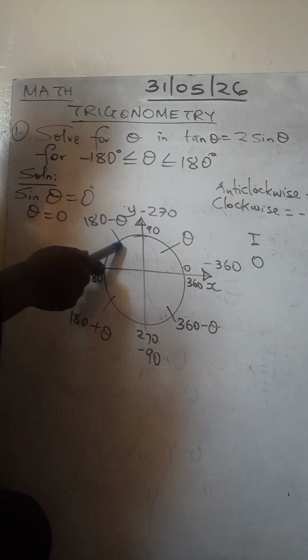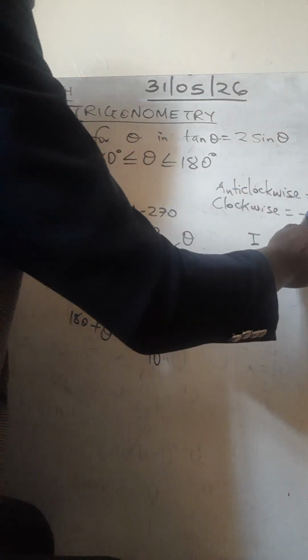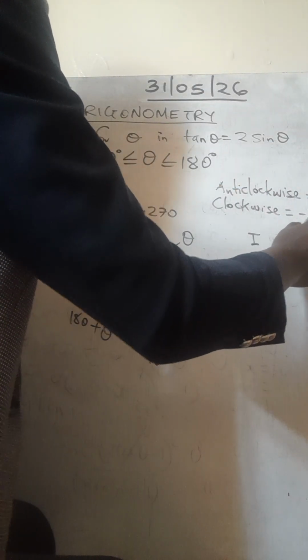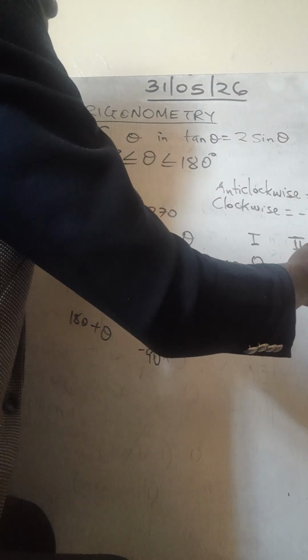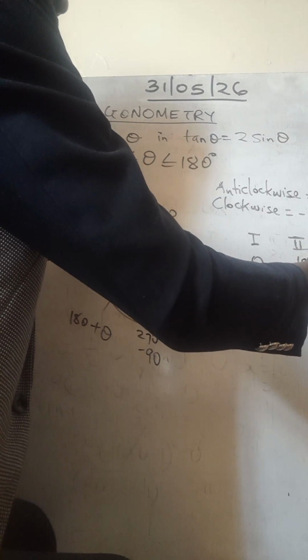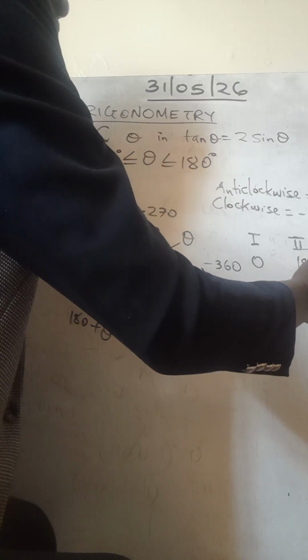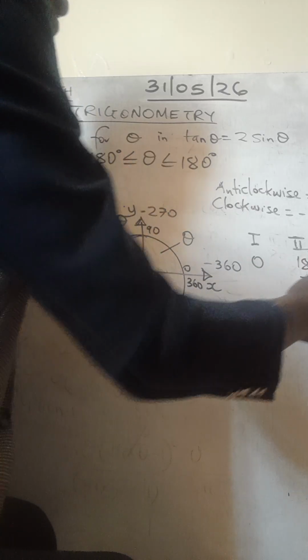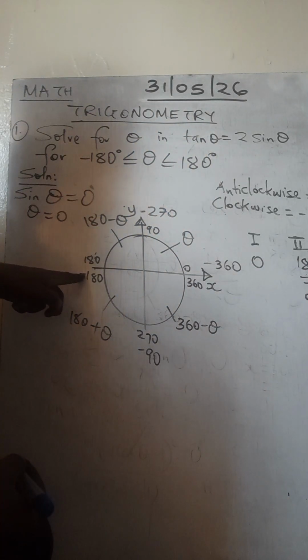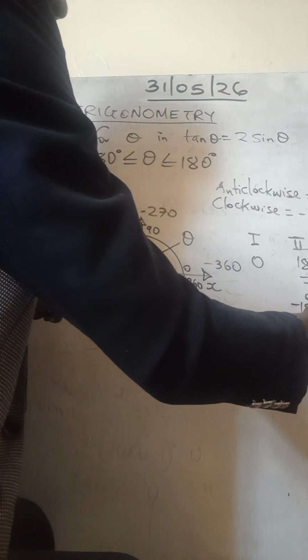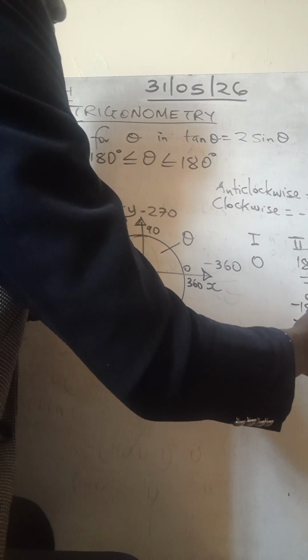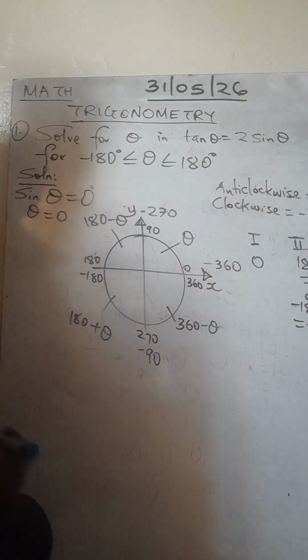In the second quadrant where sine is positive, it is either going to be 180 minus 0, which is just 180, or you also have negative 180 minus theta, which is minus 0, and that is just negative 180.